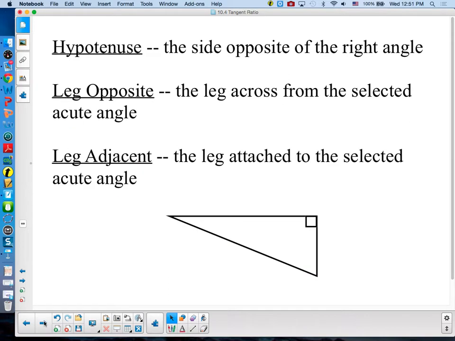All right, so let's define, what's a hypotenuse? Leg opposite or leg adjacent? I'm in the habit of saying opposite leg instead of leg opposite. Here's your notes. Hypotenuse is the side opposite of the right angle.